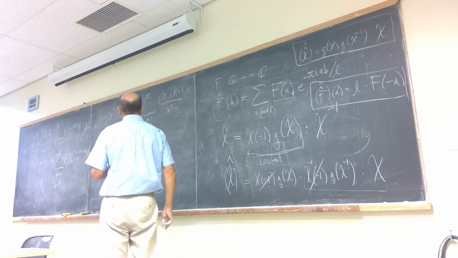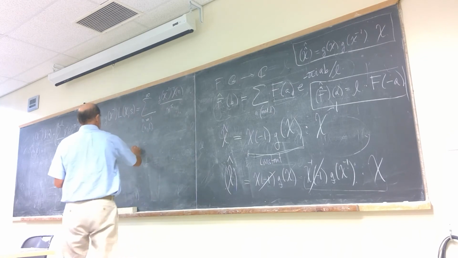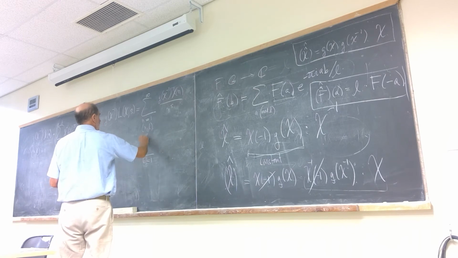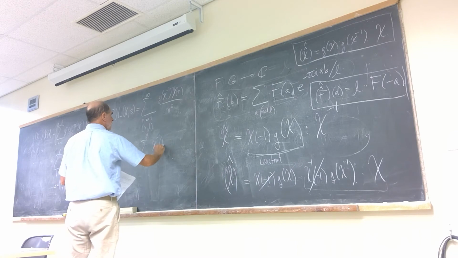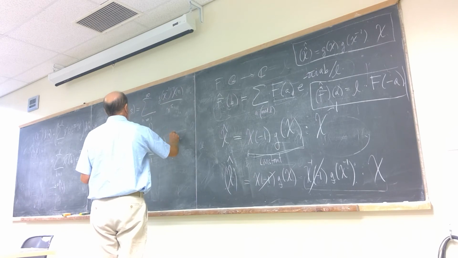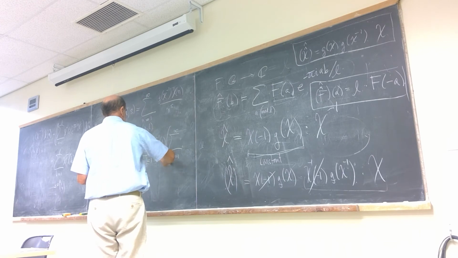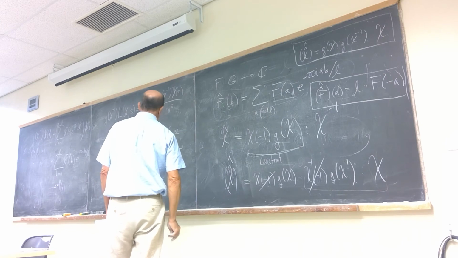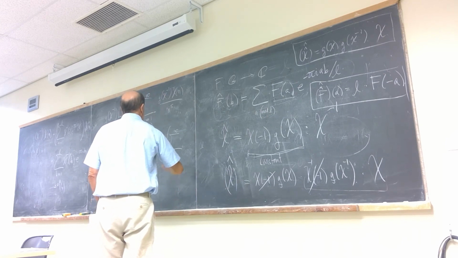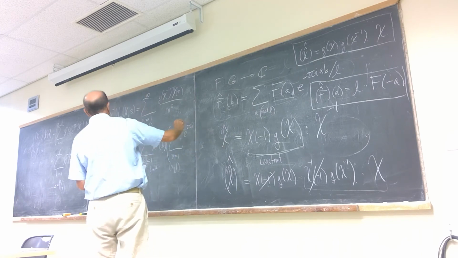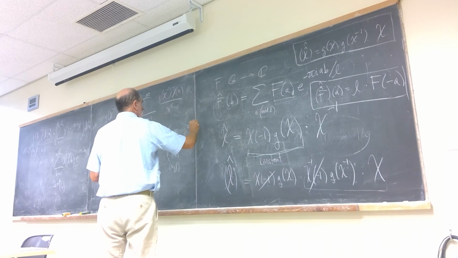So I write this now as equal to the sum from b equal 1 to L of chi inverse of b. This is a finite sum. And then I have the sum from n equal 1 to infinity, n prime to L, of e to the 2 pi I bn over L.